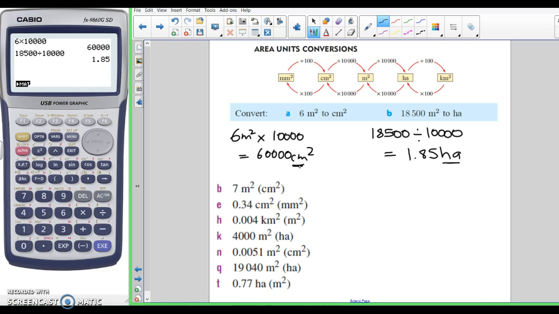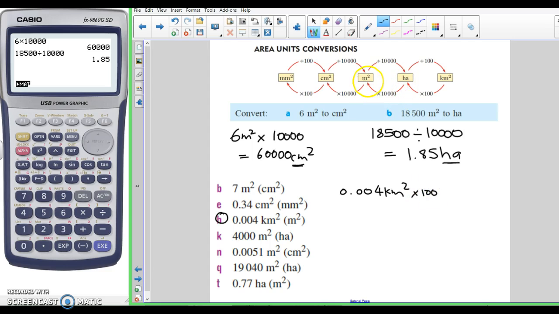Alright, we'll have a look at a couple of others. We'll have a look at H here. So we've got 0.004 kilometers squared. Now we're going to go from kilometers squared to meters squared. So this time we're actually jumping across 2. So what we do here, we've got kilometers squared. To get to hectares, we times by 100. We follow the flowchart along from there.